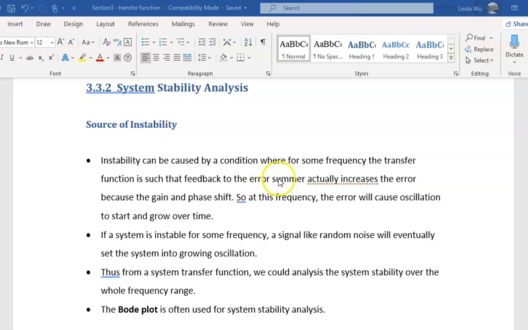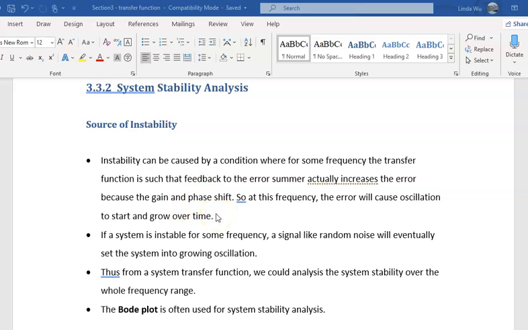We subtract these two and get our error. System error, by the definition we gave before, is the set point minus the actual measured value. We don't want this error, because at any frequency this error can cause oscillation to start and grow over time. That can be instability in the oscillation.